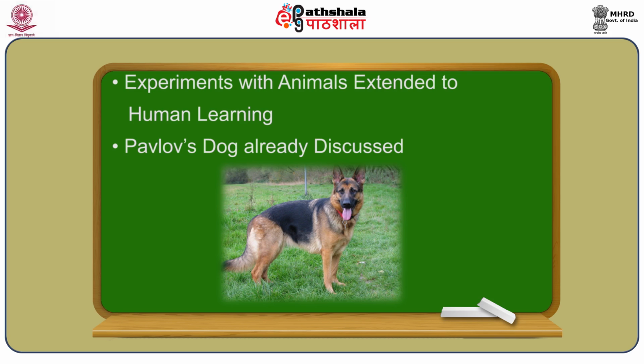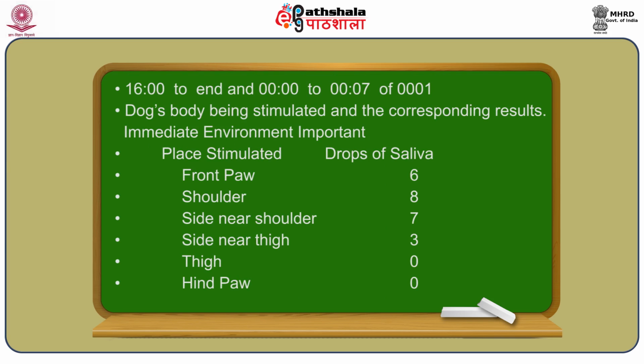And for example, see another experiment conducted on the dog's body: if the front paw was stimulated with some current passed at that place, there were 6 drops of saliva. Shoulder, there were 8 drops of saliva.